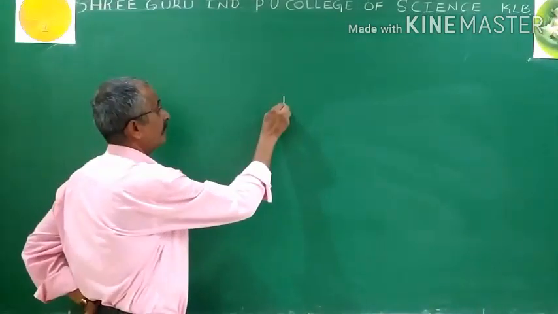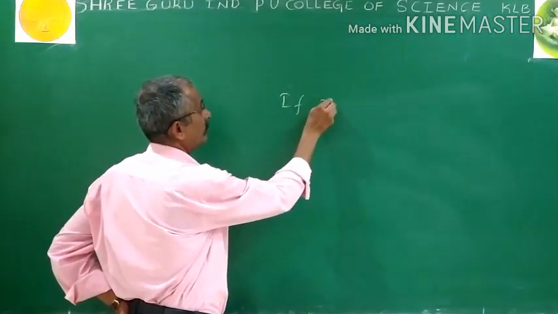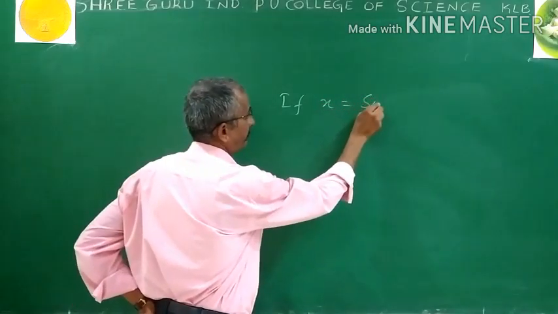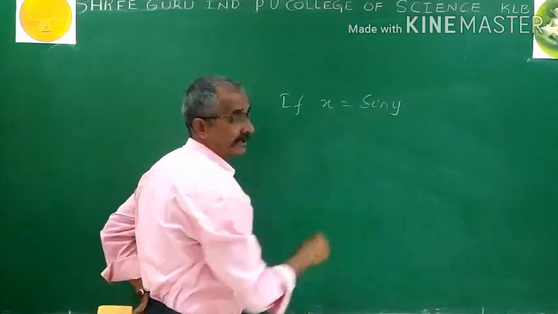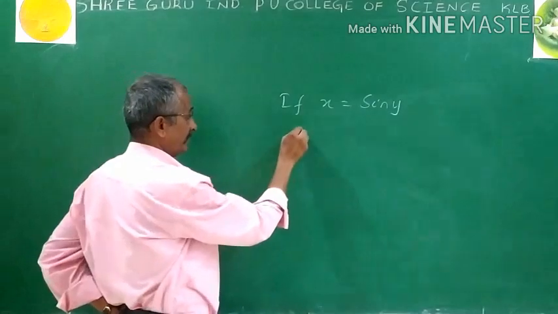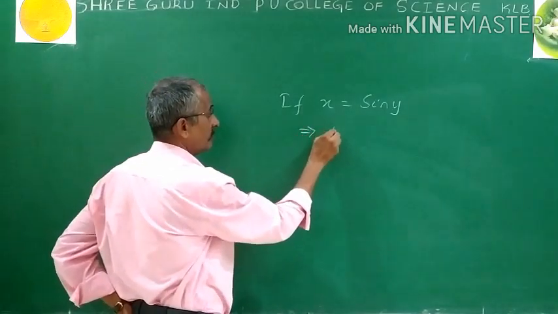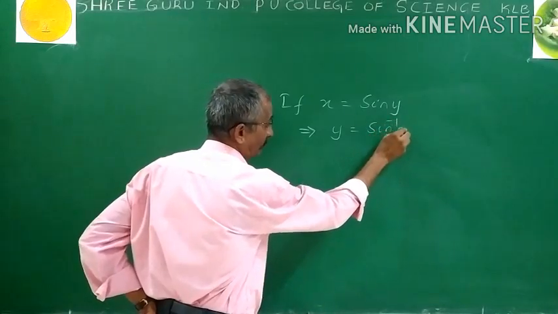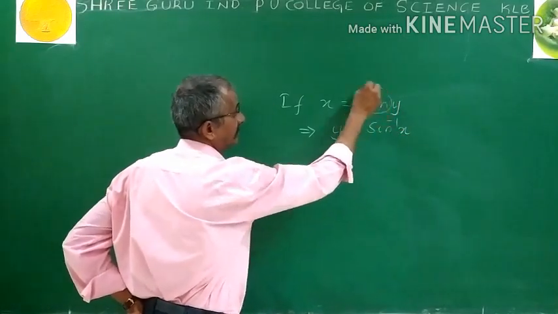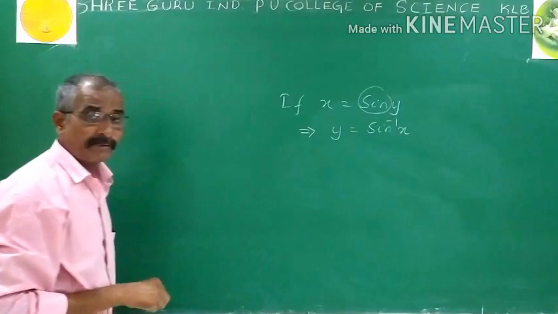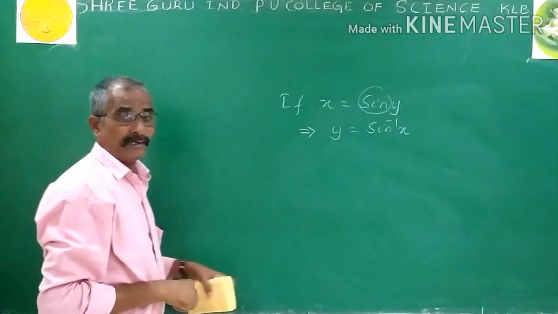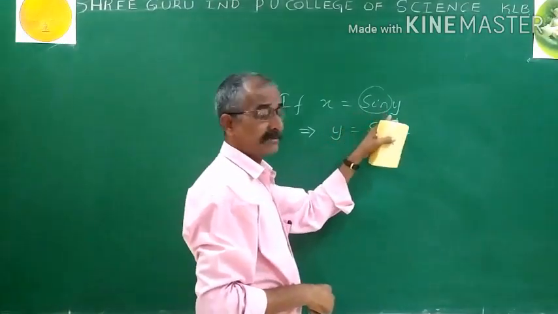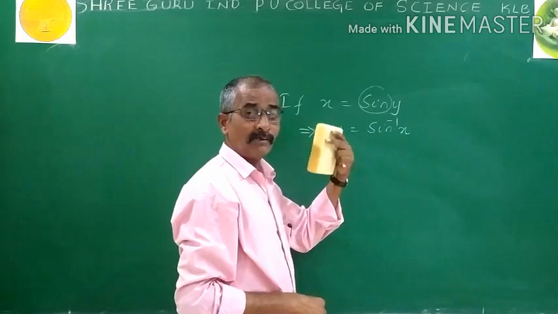Now, if x is equal to sin y, whenever x is sin y, we say that y is equal to sin inverse of x, provided the function sin must be one-one as well as onto, as good as the function sin must behave bijective in nature.